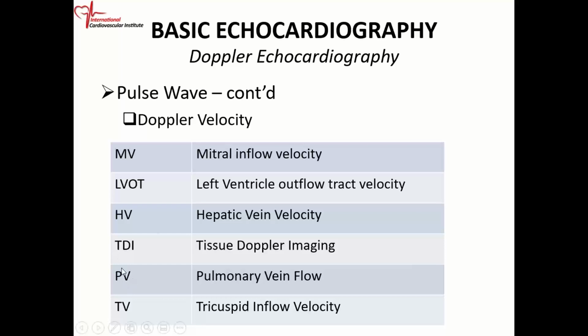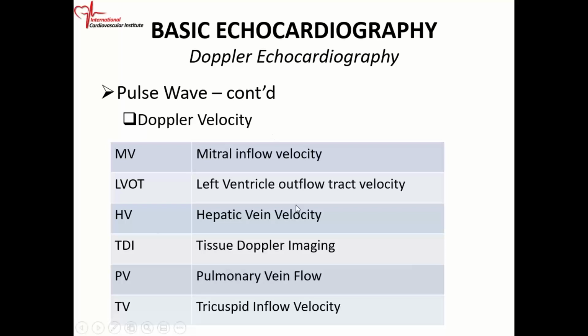Pulmonary vein flow, we can look at the blood flow into the pulmonary vein, and this helps us tremendously to determine the disease state of the heart. Okay, so we can look at pulmonary vein flow and determine what disease the heart is subjected to, and then tricuspid inflow velocity.